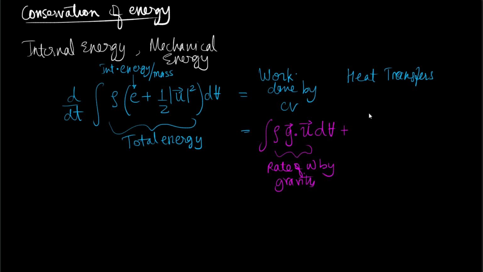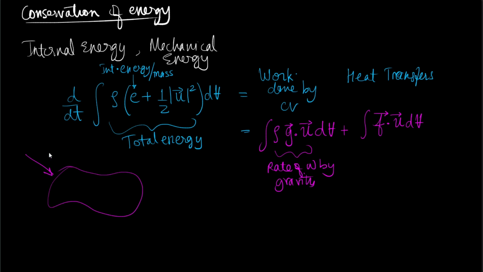The second term will be, if we have a surface force, the traction vector dot the velocity dV, plus, or rather, the input of heat. So if we have a control volume and heat enters into the system, the energy of the system increases.